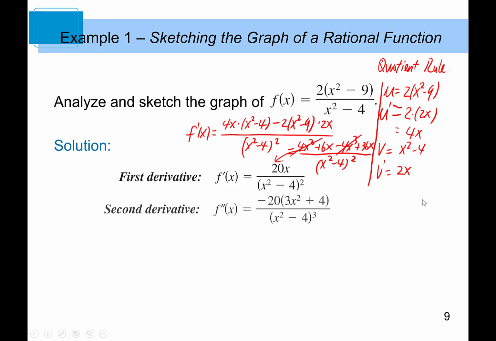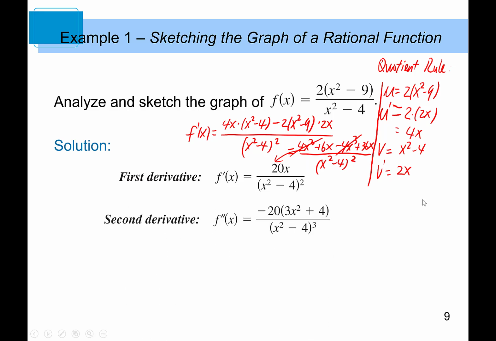And the second derivative is based on the first derivative. So now u is equal to 20x, so u prime is just 20. v is (x squared minus 4) squared. For v prime, you've got to use the power rule first: 2 times (x squared minus 4), and then we take the derivative of the inner function, x squared minus 4 prime.